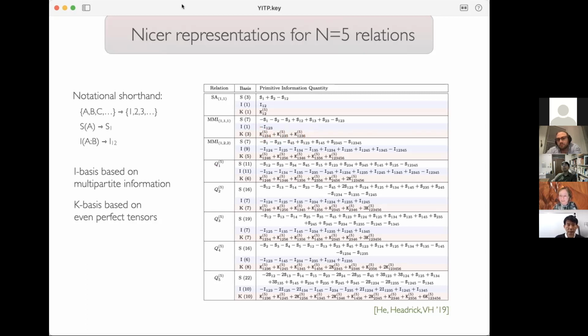Now the K basis has the advantage that it's manifestly purification symmetric, whereas the I basis is only permutation symmetric. It turns out that it loses its advantage at large enough n. We have been playing with that, especially with Sergio and my student Frederic Gia.